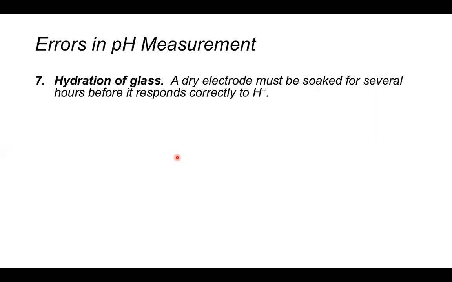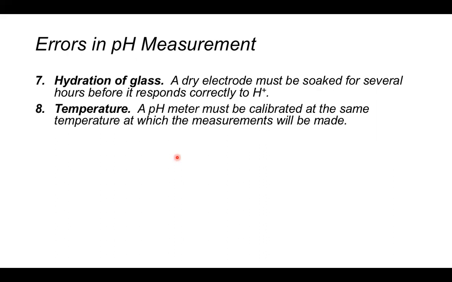If we recall the structure of the glass membrane, we have two hydrated layers on the outside which sandwich the dry layer of sodium in the middle. If that gets dry, then there are not enough proton ions in the first hydrated layer to actually carry any charge. And so we have to rehydrate our glass if it gets dried out.